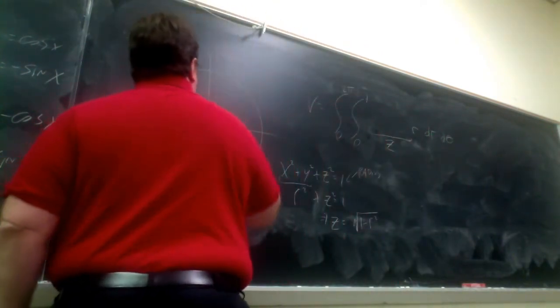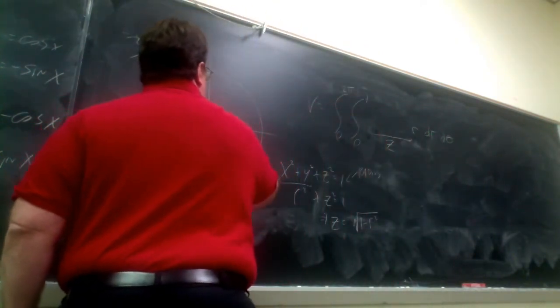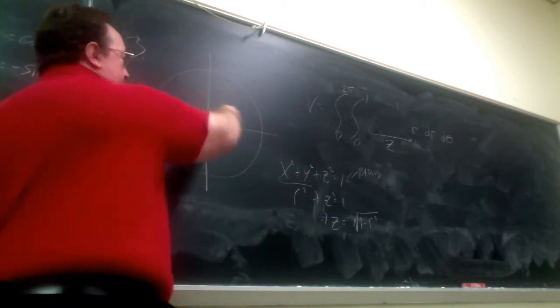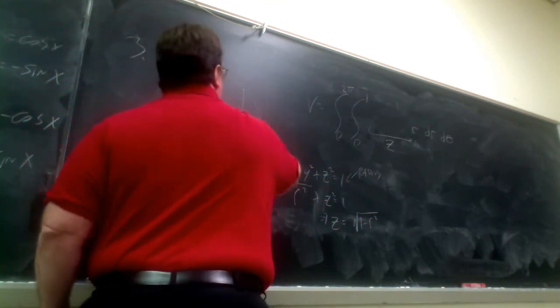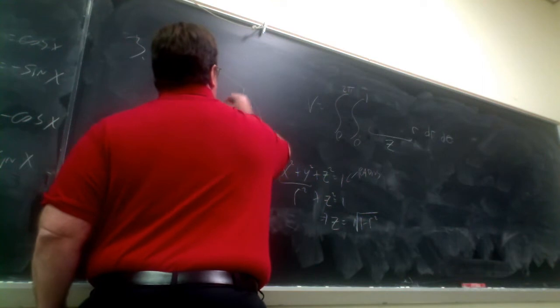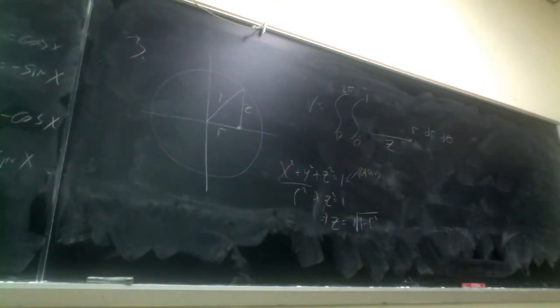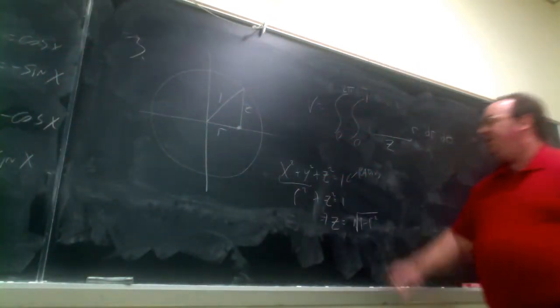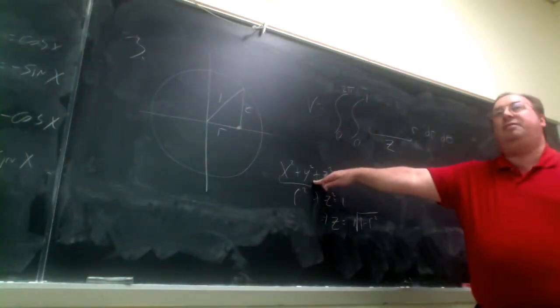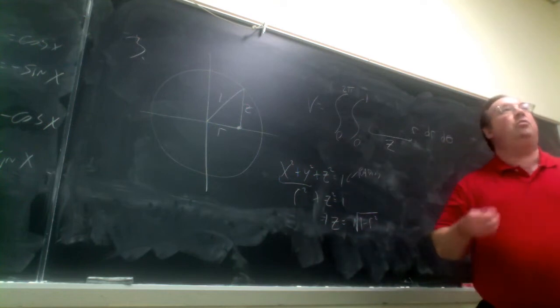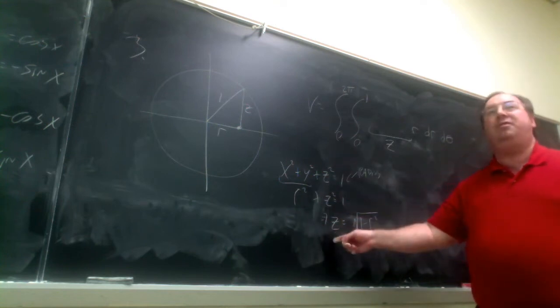So if you have r going out to here for whatever value of theta you have, and here is your z value, the radius of the whole sphere is 1. So you have a right triangle. But again, even if you don't have a picture, just by taking the equation of the sphere and rewriting it in terms of polar coordinates, you can solve for z.